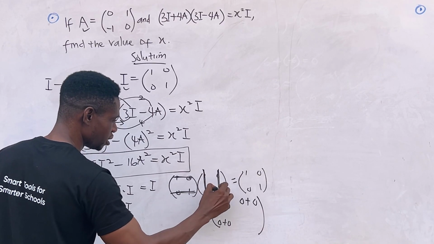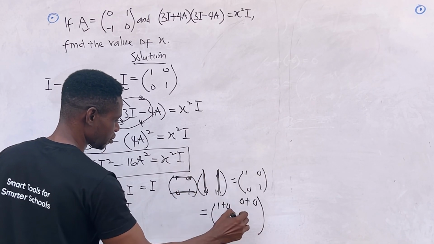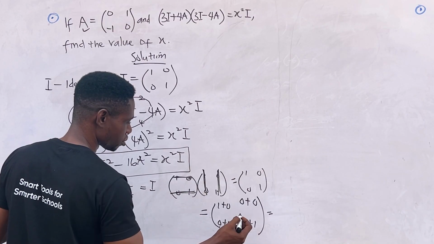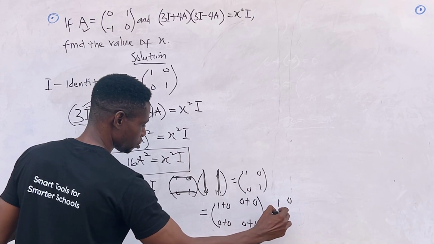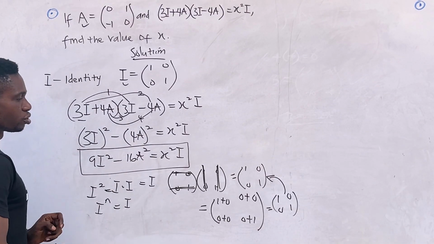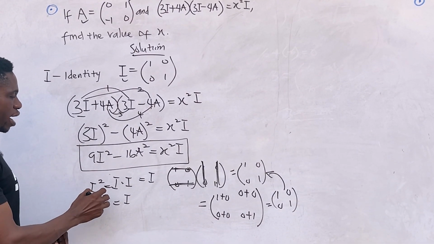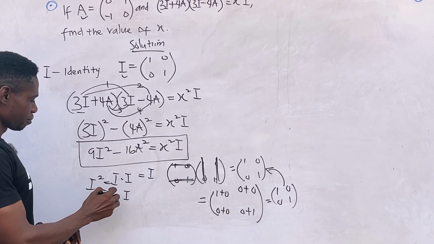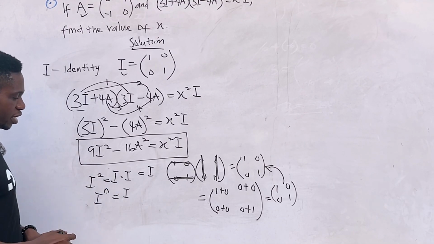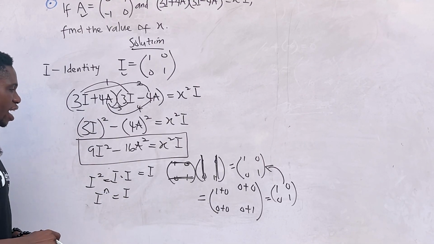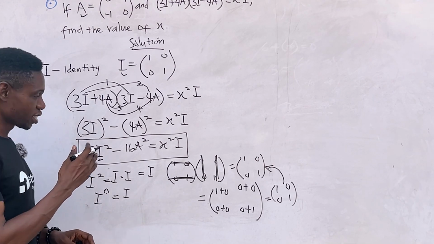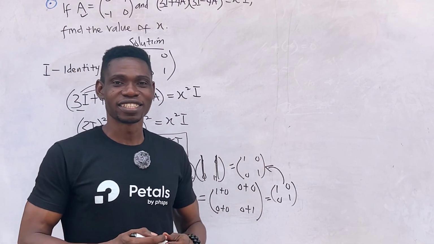And now this multiplied by this, we'll have 0 plus 1. And that gives us 1, 0, 0, 1, which shows it. So for whatever power n that you raise I to, the answer is I. By implication, this I squared will give us I. So the I is settled.